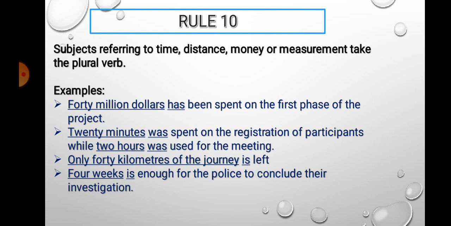Only 40 kilometers of the journey is left. 4 weeks is enough for the police to conclude their investigation. All the subjects here are about either distance, money, or time, or measurement, and they are all taken as singular subjects.